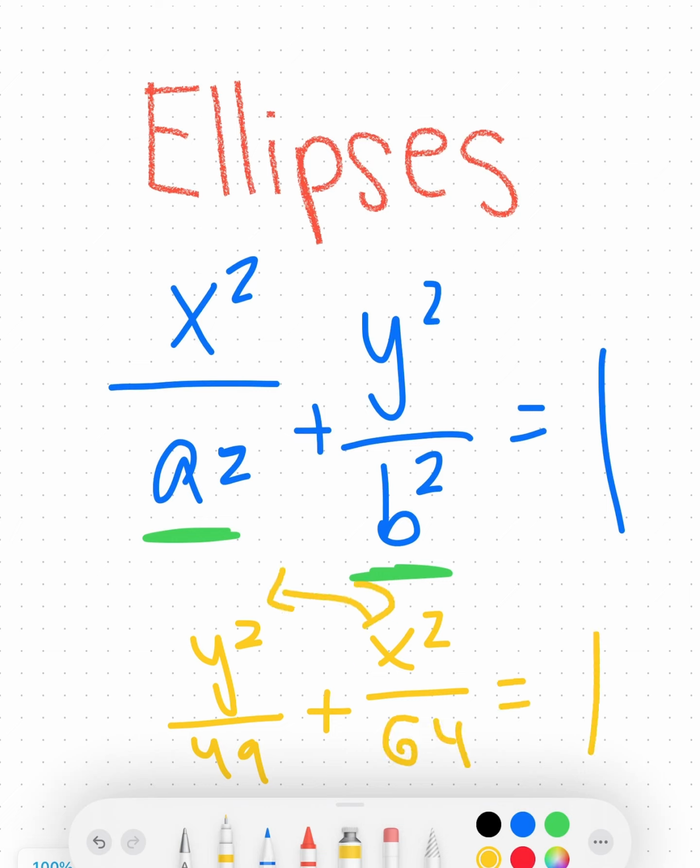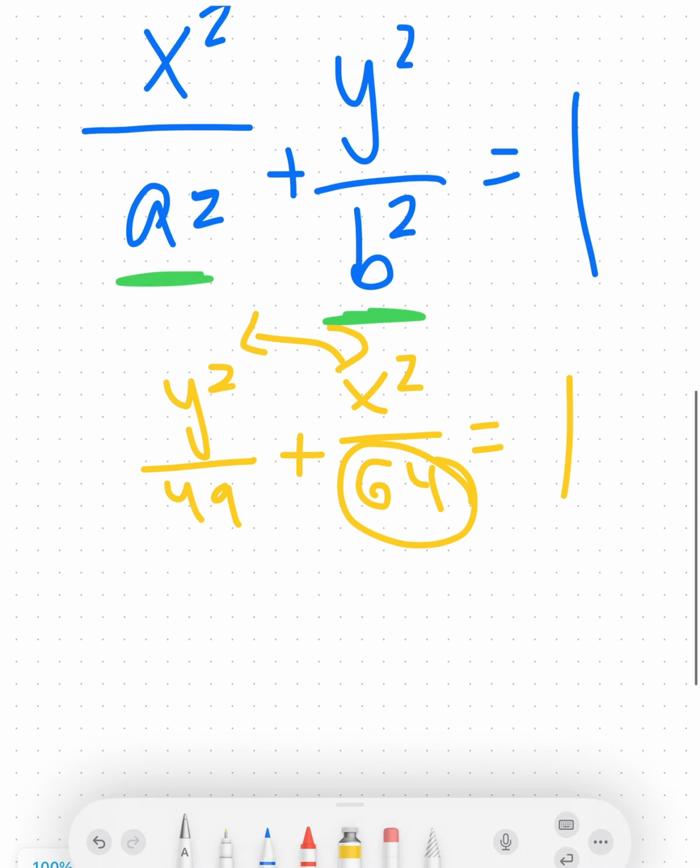We would have to switch the order of these two, okay? Because this one is larger, okay? So it'd be y squared over 64 plus x squared over 49 equals 1. And this is important because, or we'll see this right now actually.